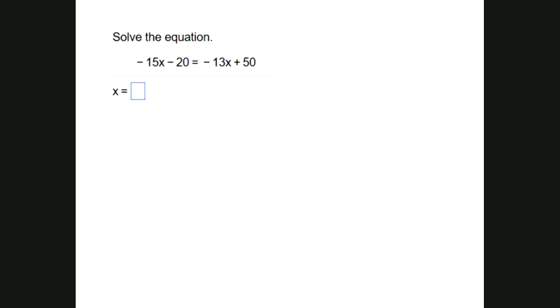Here is our next problem. Negative 15x minus 20 is equal to 13x plus 50. As you heard earlier, I like to work with my variables first.